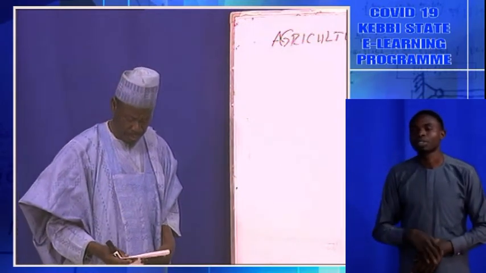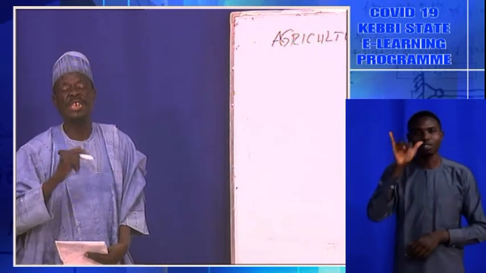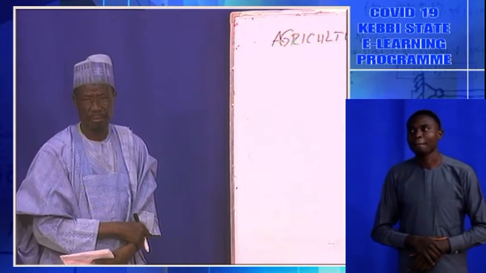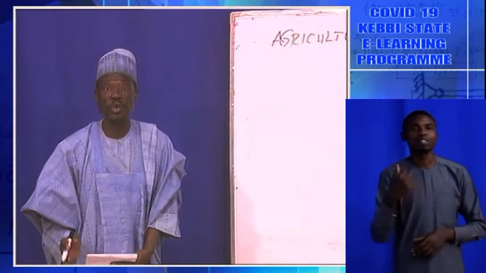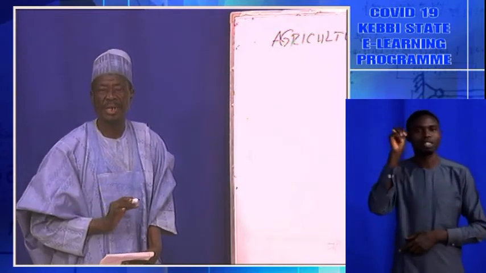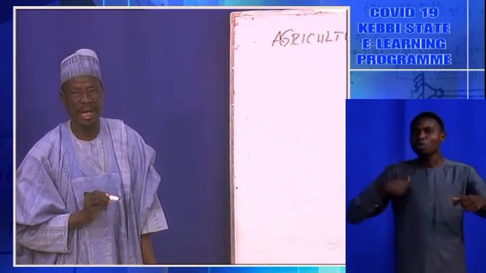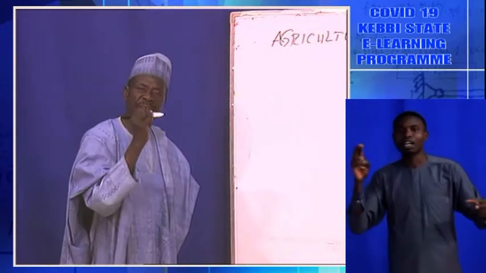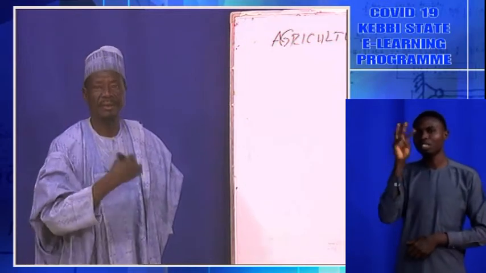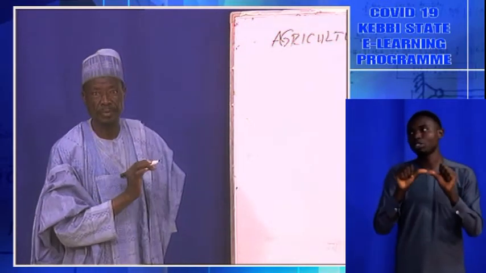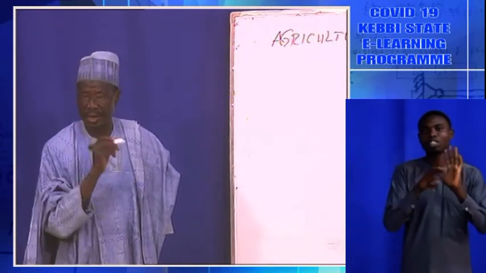Then the next one, we had the feeding habits of animals, where we have herbivorous animals, carnivorous animals, and omnivorous animals. Herbivorous animals mainly feed on herbs and grasses, like cattle, sheep, goats, and others.